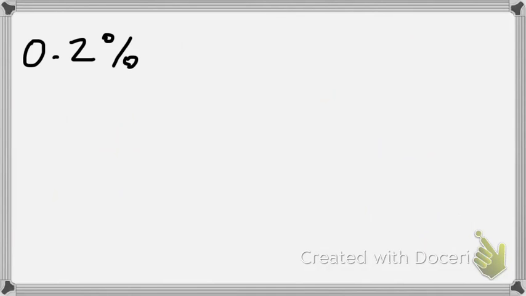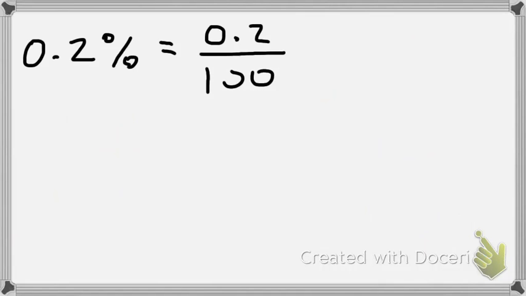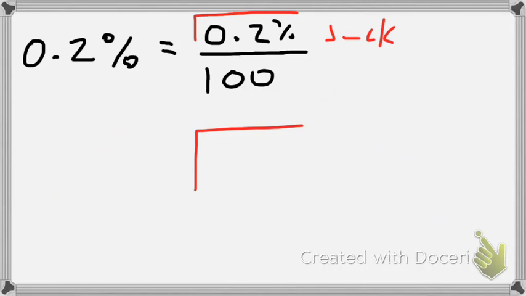And we're going to change 0.2% into a fraction. And a percent, like I told the class, is always out of 100. So 0.2% is out of 100. And we're going to do like we did before, and we're going to divide. The numerator we call Jack, because Jack goes in the box.